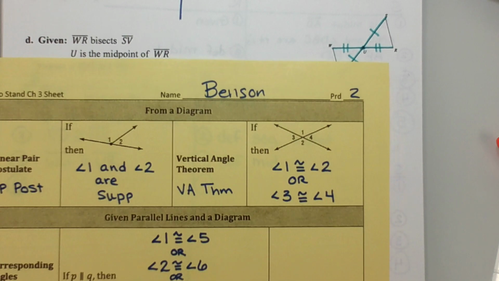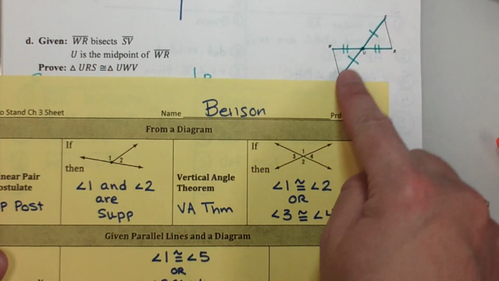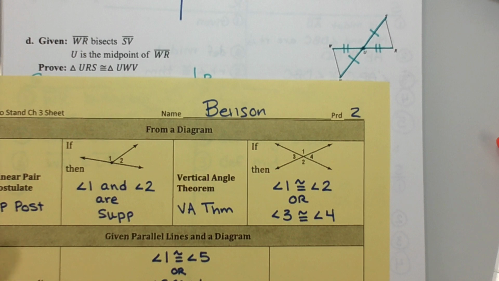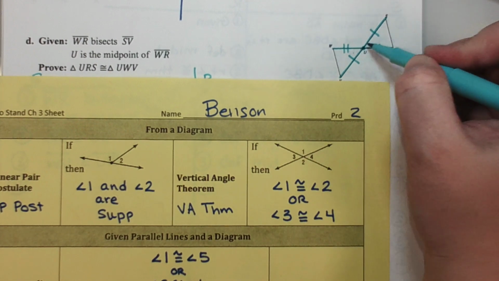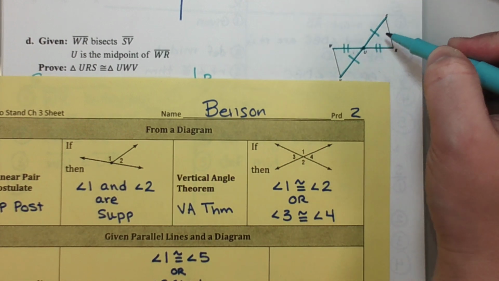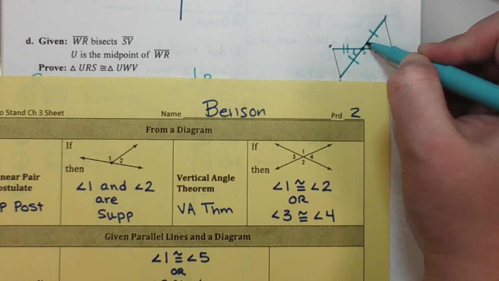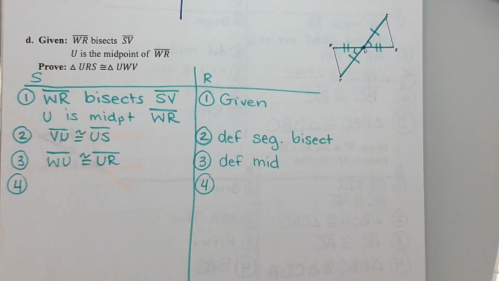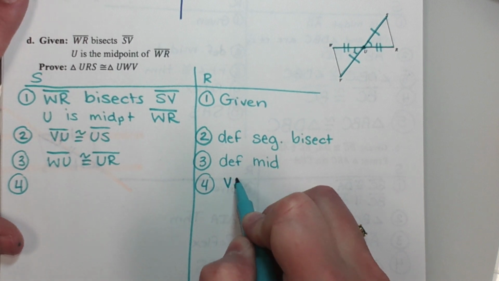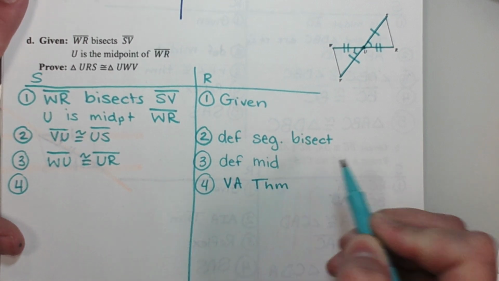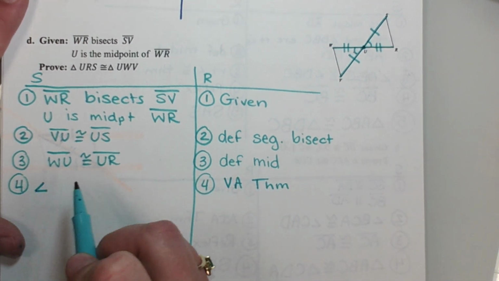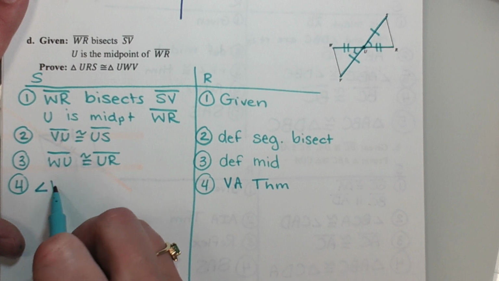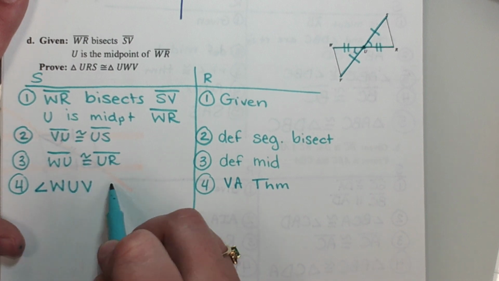Do you see the X forming? Do you notice that the triangles are across from one another on the X? I have vertical angles. And vertical angles are congruent by the vertical angle theorem. So, don't be shocked if you see vertical angles. Remember, when you're doing vertical angles, you also need the 3-letter name.